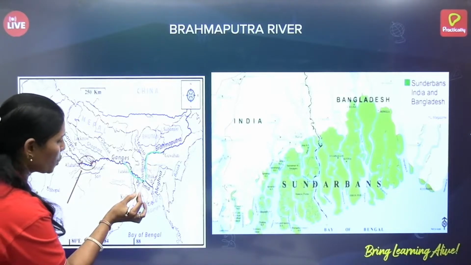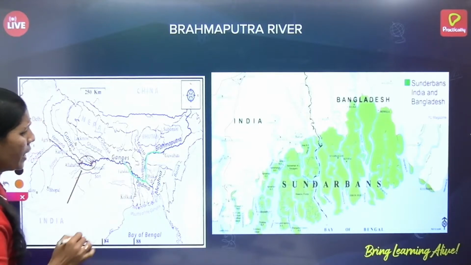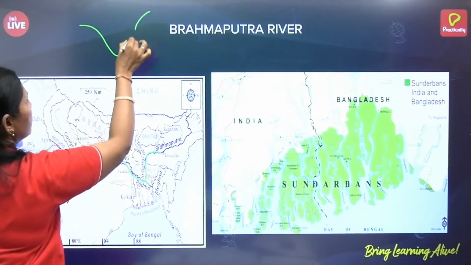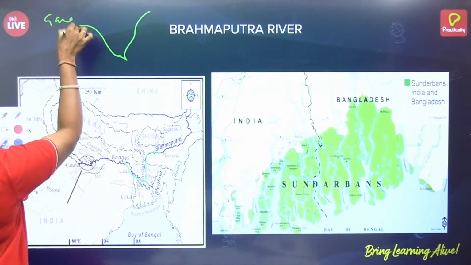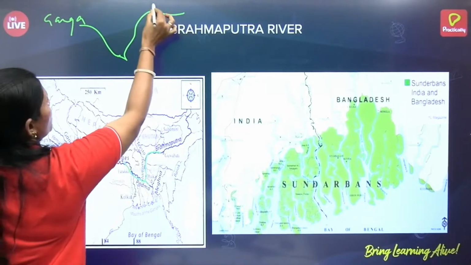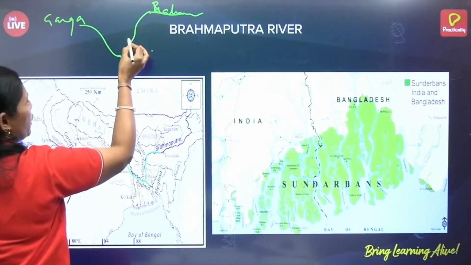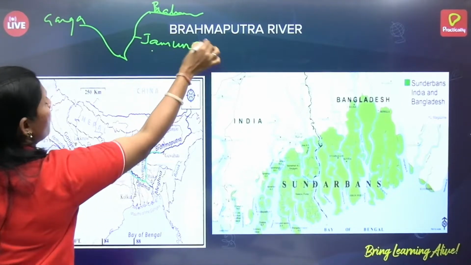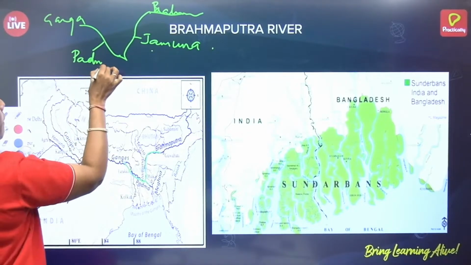In India we call it Ganga and Brahmaputra, but after entering Bangladesh, Brahmaputra is called Jamuna and the Ganga stream is called Padma.